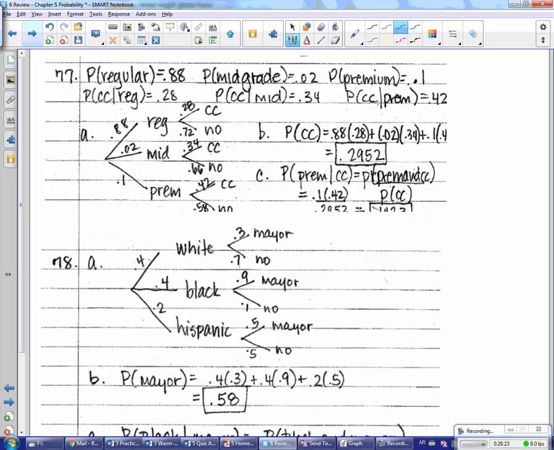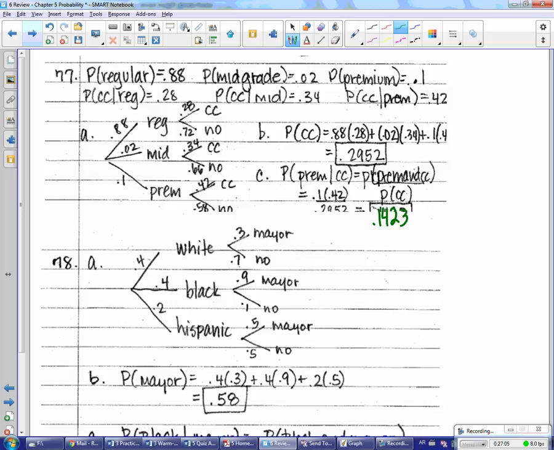77 and 78, again, these are more tree diagrams. So I listed the given information. Another way to do that would just be to construct a tree diagram, and then you can answer the questions: the probability of paying with a credit card, the probability of using premium given that the person paid with a credit card. And I think that answer actually got cut off. So in part C, it should be 0.1423.